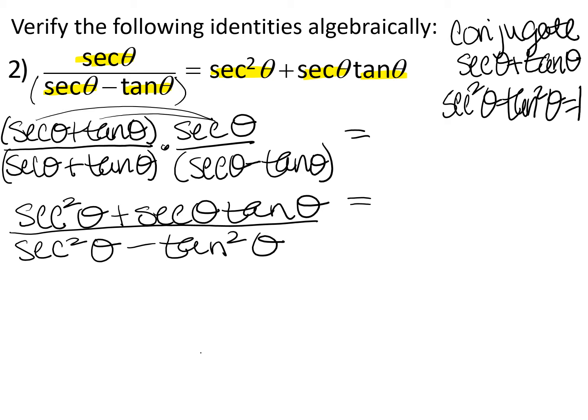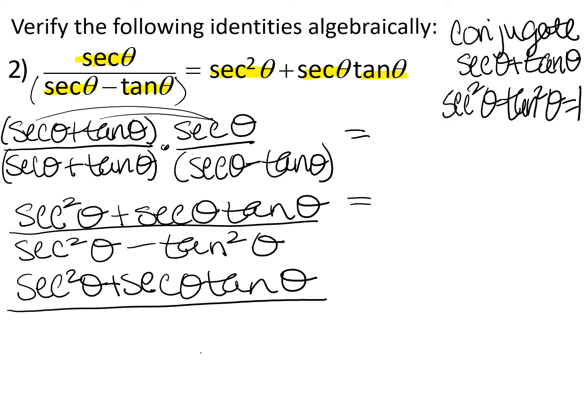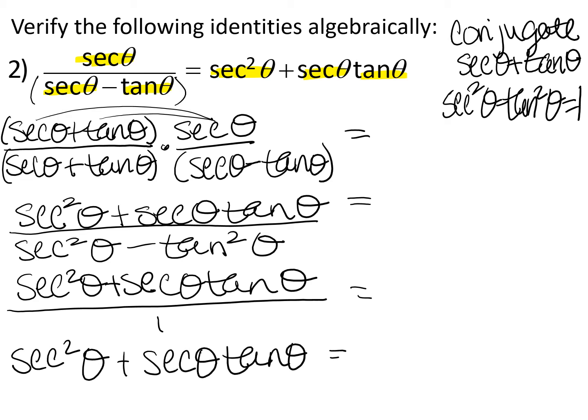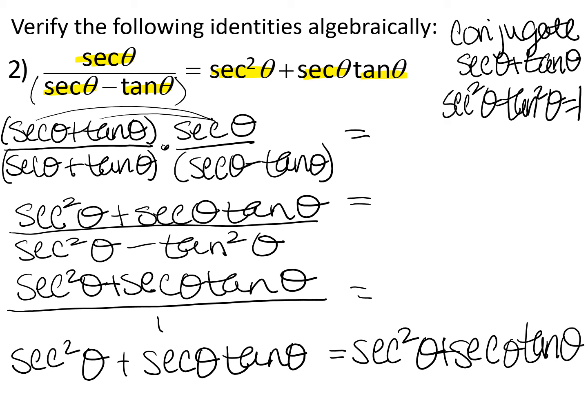So I can do that substitution here. And when I reduce that, I get exactly what I wanted. Make sure that your left and right sides are identical. Okay, final answer. And again, this is just my little thought bubble.